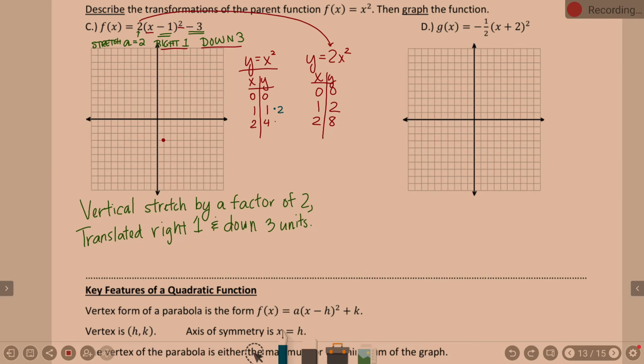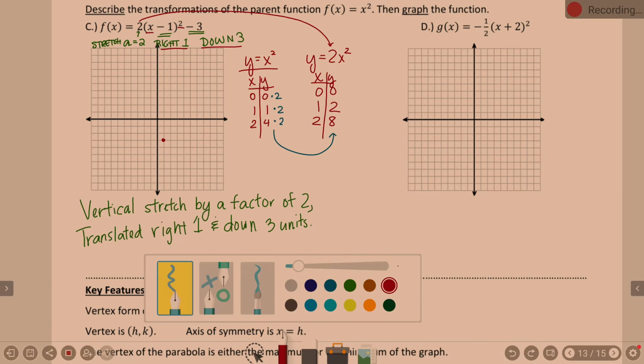When we had a stretch, a vertical stretch, it doubled our y values. Okay, it stretched them by a factor of 2, so it doubled the y values. If that connection helps. Now, in all honesty, to get the first point, instead of going over 1 up 1, you go over 1 up 2.